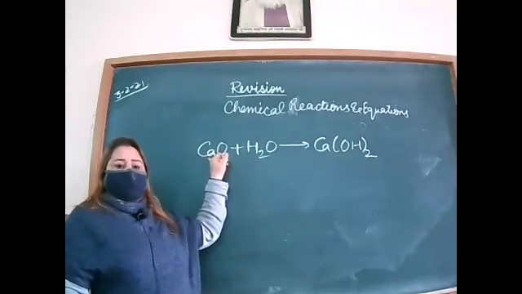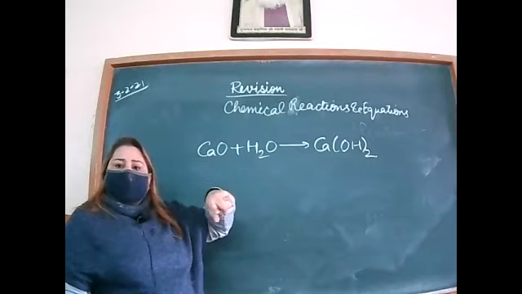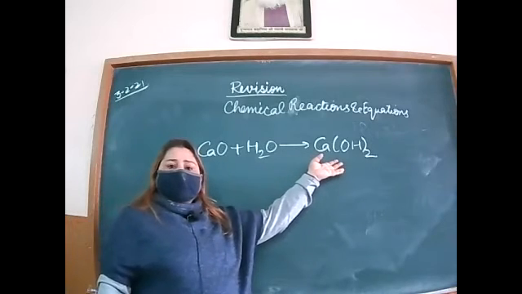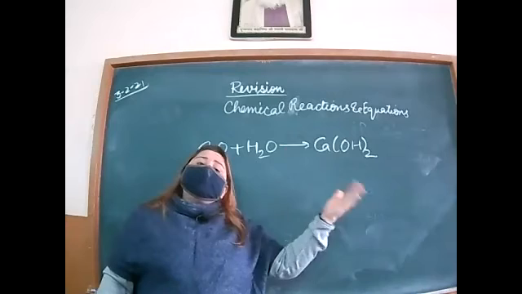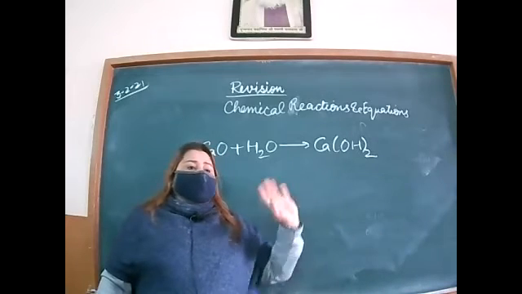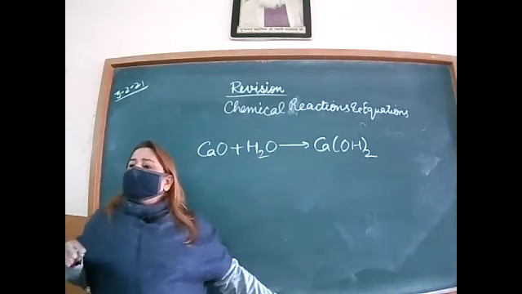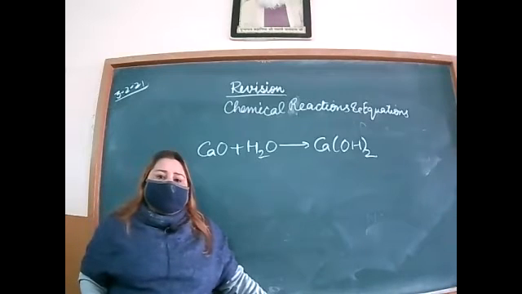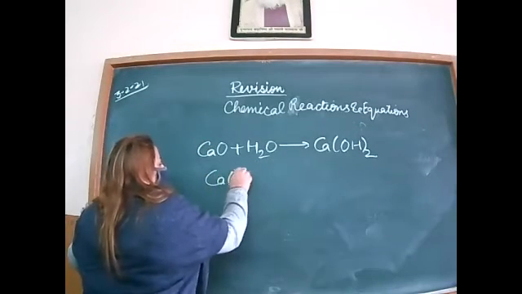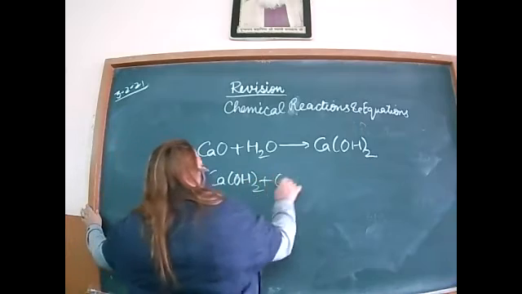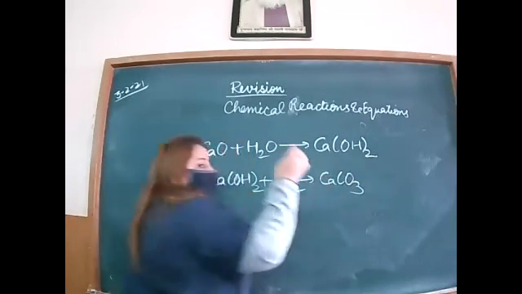Calcium oxide or solution of slaked lime, that is calcium hydroxide, is used for the whitewashing. But when we are doing this, at that time the walls are very dull in appearance, but after 2 or 3 days they become white. Why? They react with carbon dioxide.